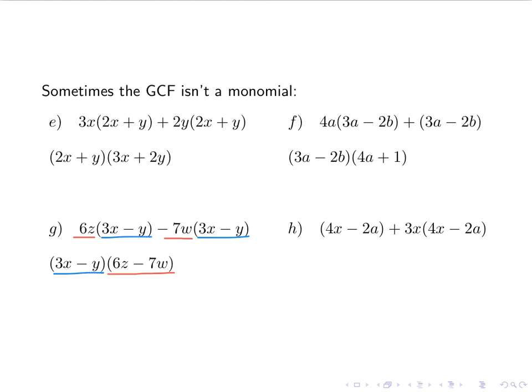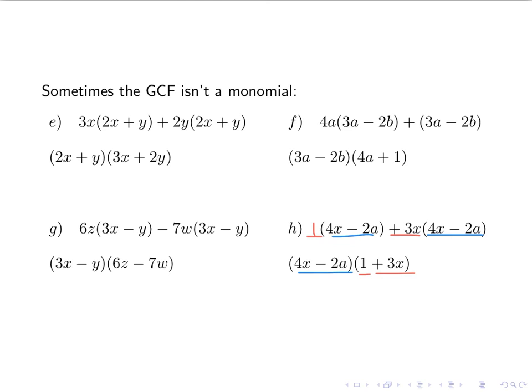And then for my last one, again, what's in the parentheses is the same. So that's my GCF. So again, here it is. What's not in parentheses, again, what's in front of it is an invisible 1, and then plus 3x.